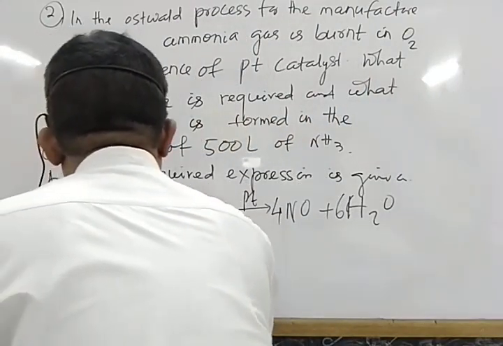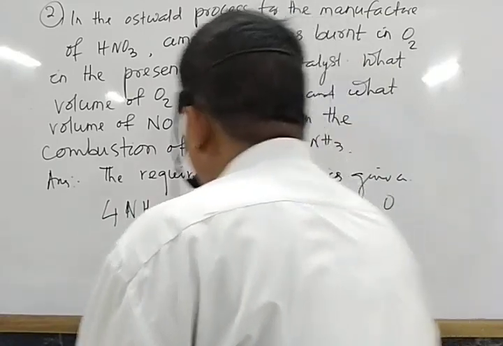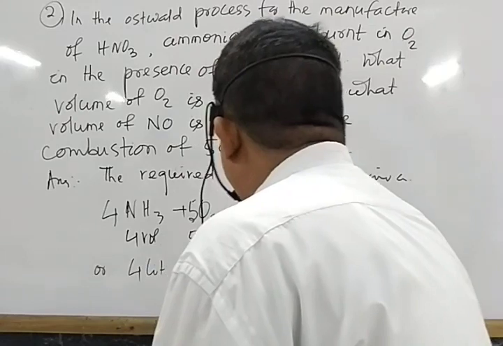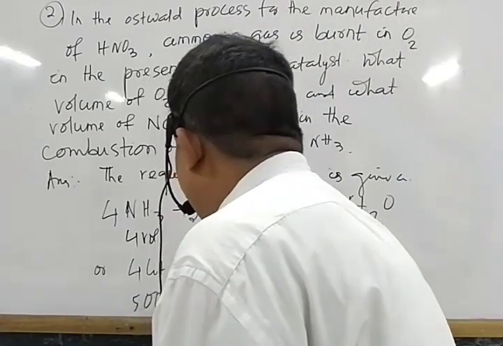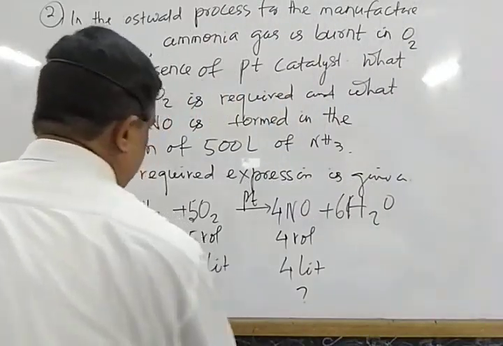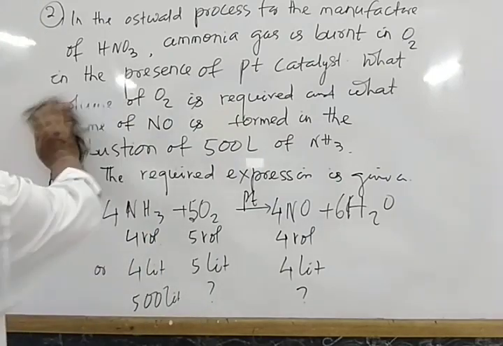That is, 4 volume, 5 volume, 4 volume, or 4 liter, 5 liter, 4 liter. For 500 liter, we have to find the oxygen required and the nitric oxide formed. Mark the equation.